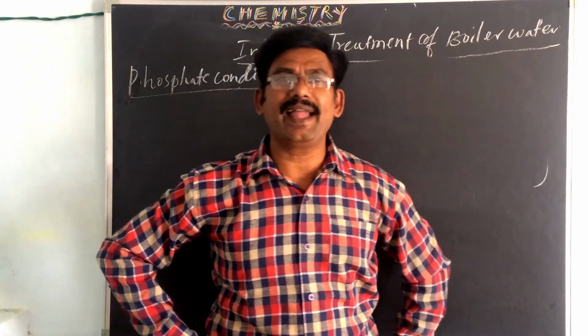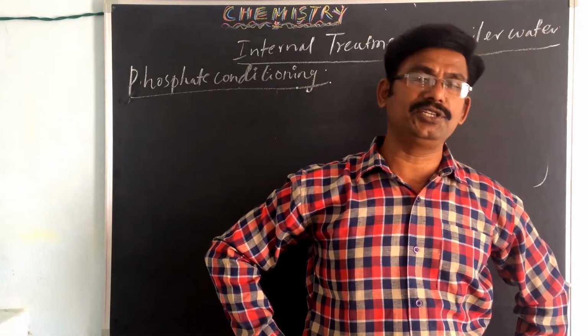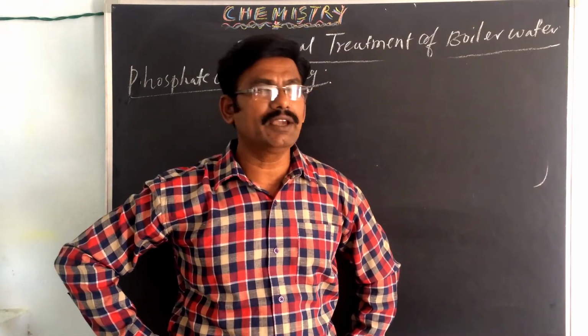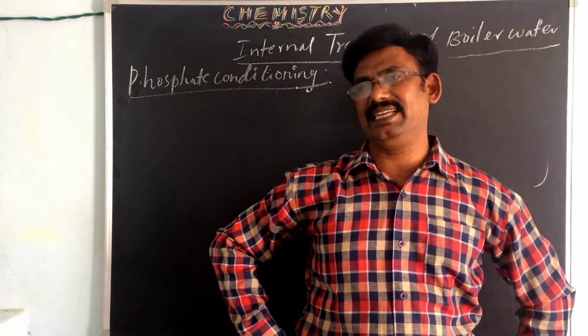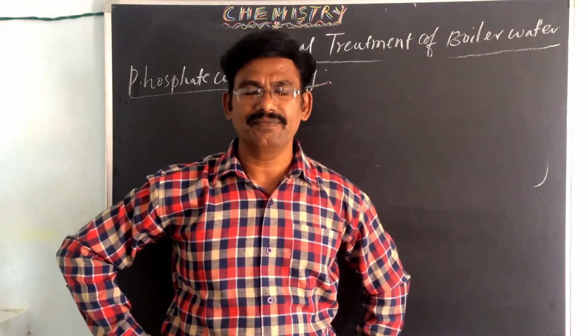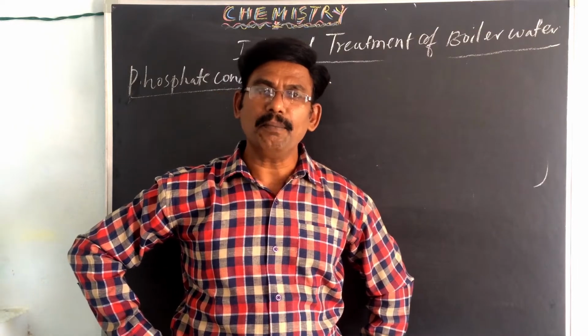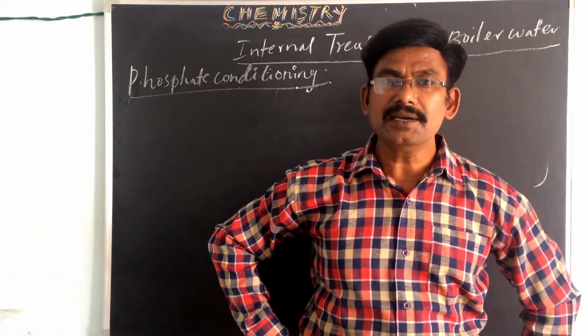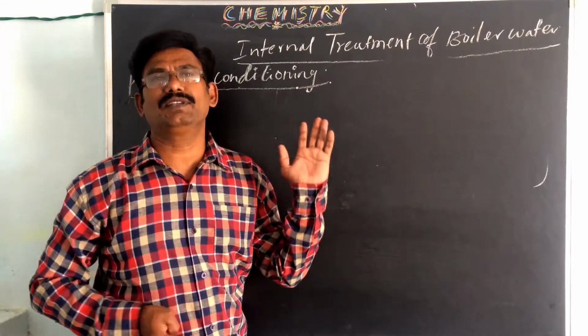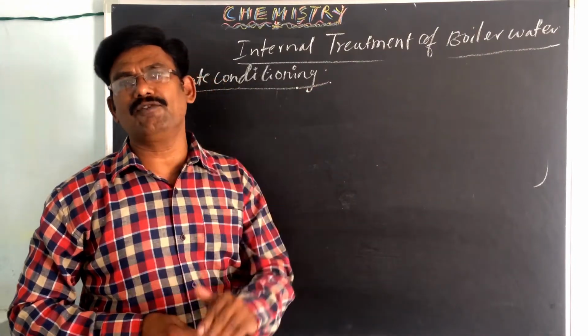The phosphate reacts with the calcium and magnesium salts to give soft sludges of calcium and magnesium phosphates. So what is the chemical formula?